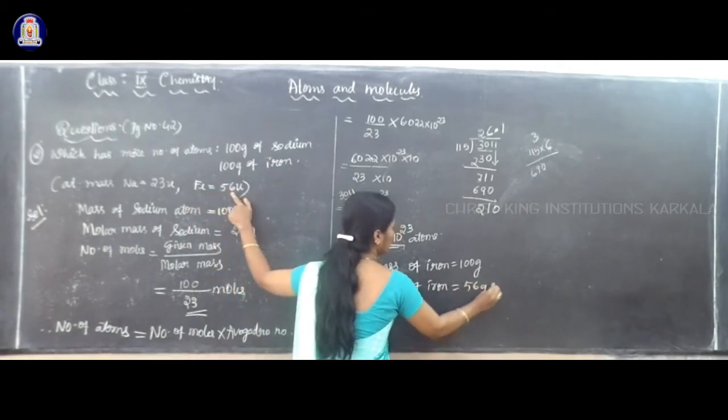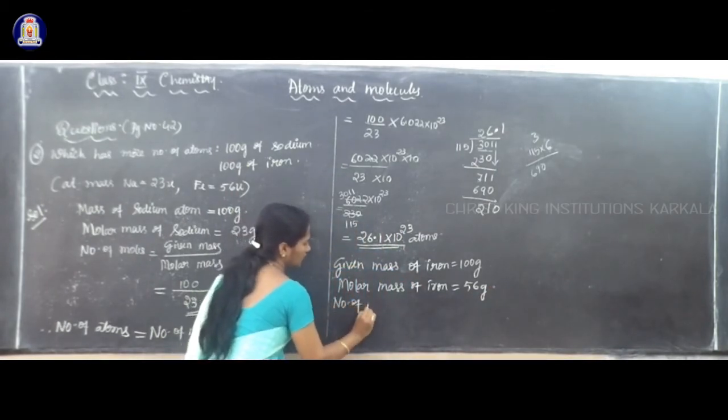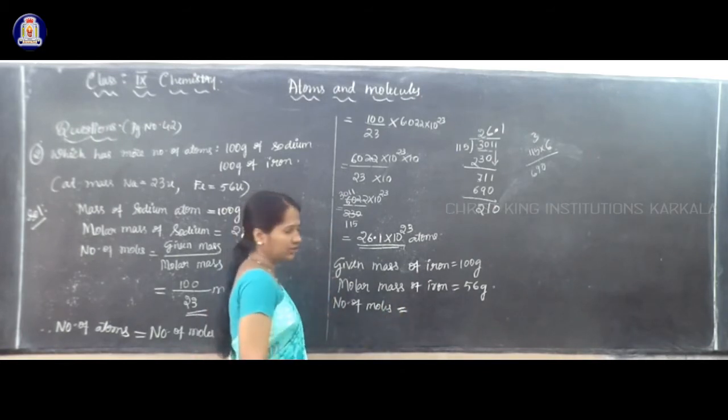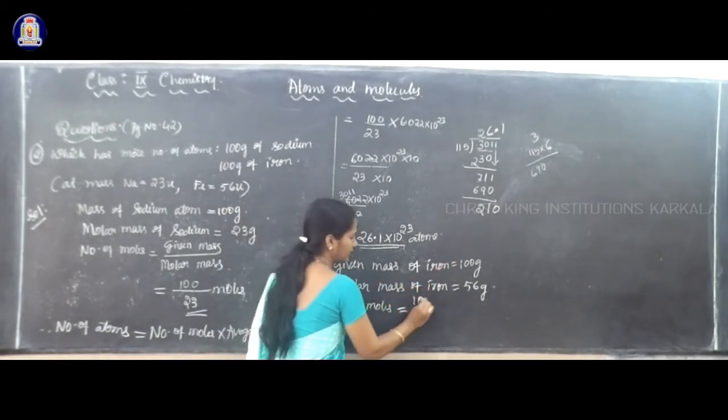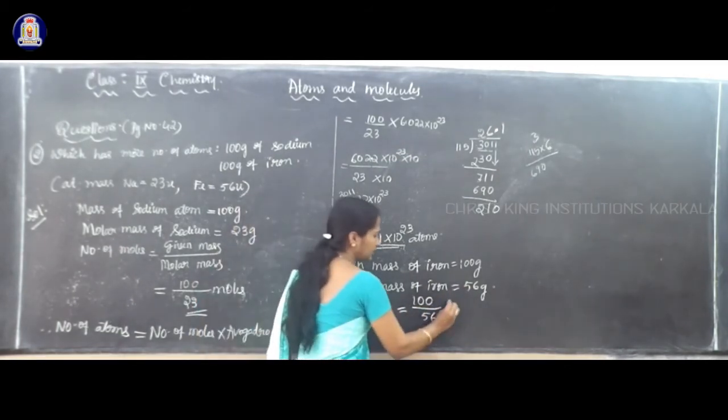Therefore number of moles is equal to, I am not writing the equation again, given mass 100 divided by molar mass 56. Let it be as it is, 100 divided by 56, this much moles.